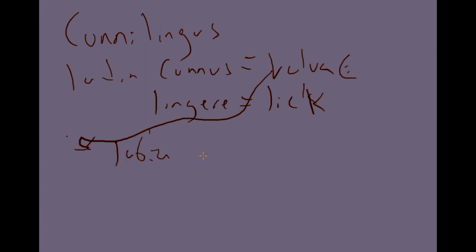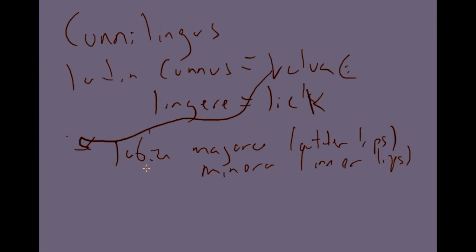Labia majora are the outer lips, and labia minora are the inner lips, and your clitoris, also called a clit, which is a slang term for it.